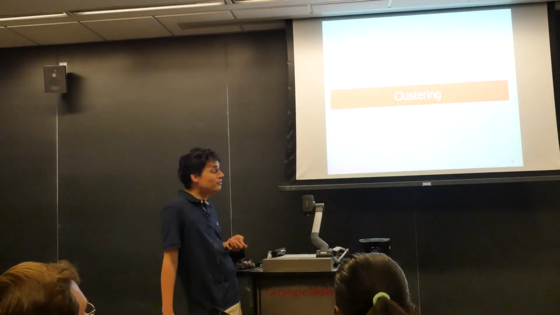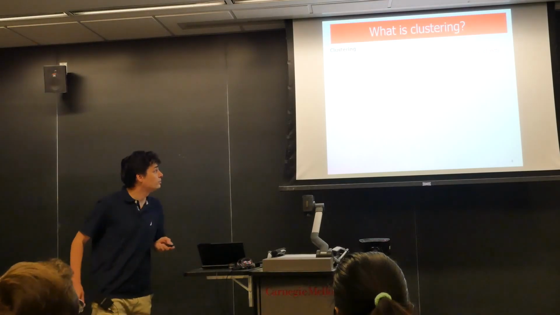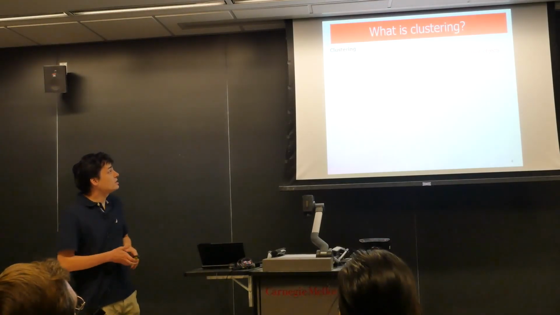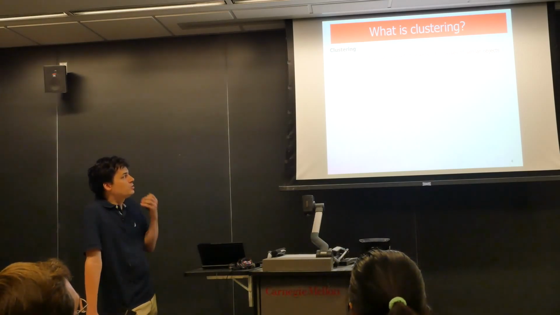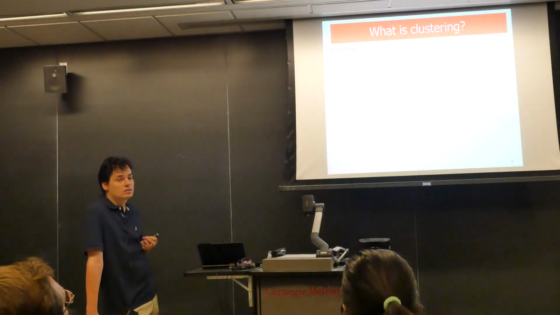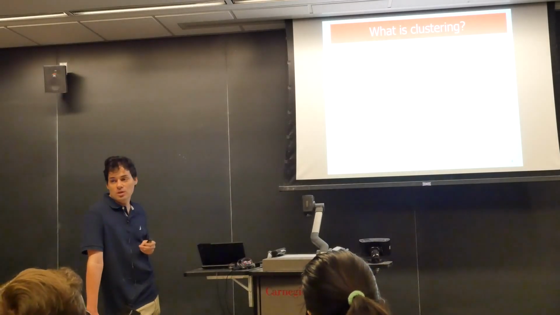Okay, but before that, let's start discussing clustering problems. So what is clustering? Clustering is a process of grouping a set of objects into classes of similar objects. So we somehow want to group objects. The difficulty is that even in the training set, we don't have class labels.